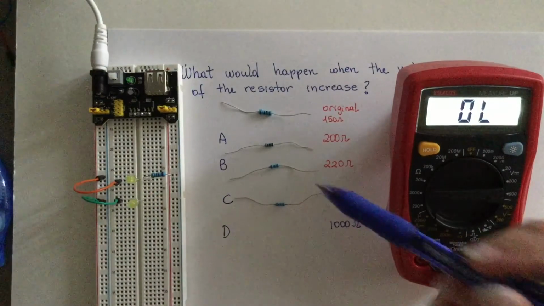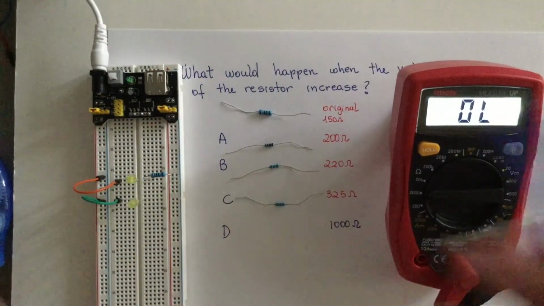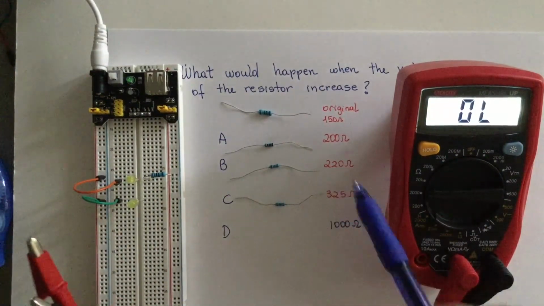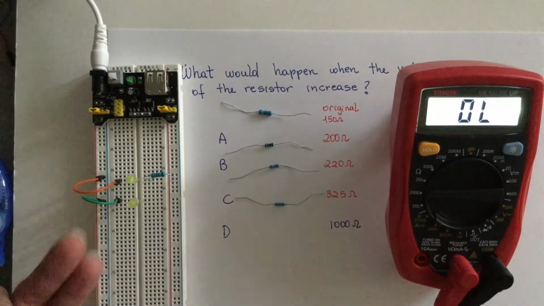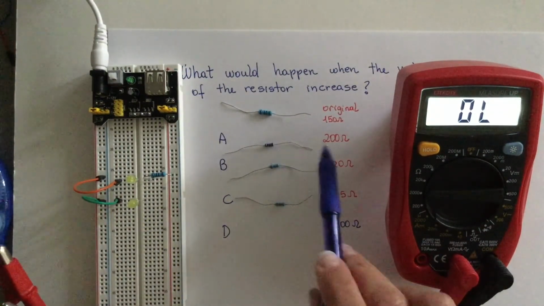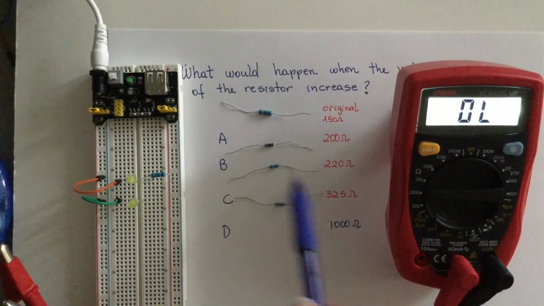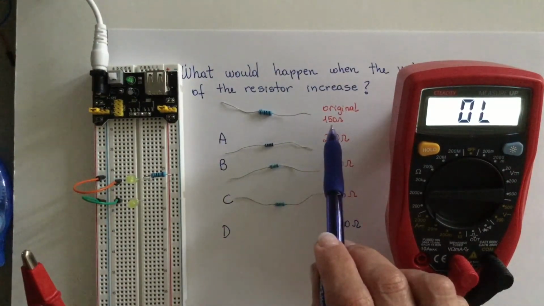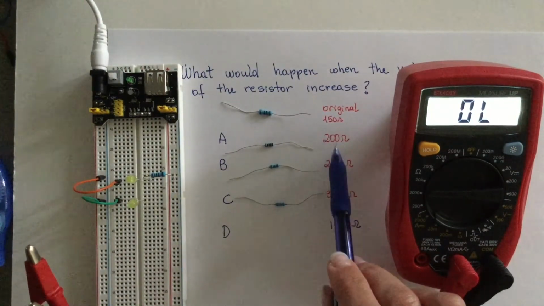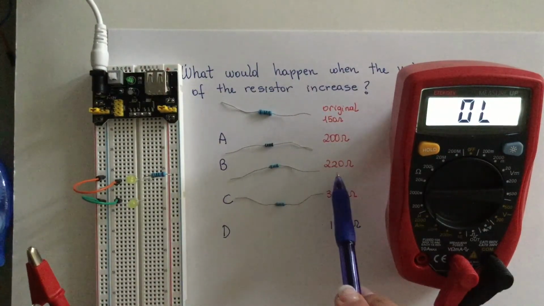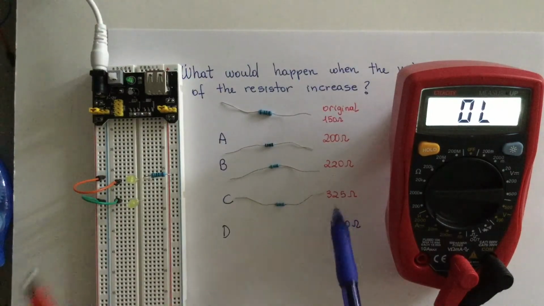Because I don't see any change in voltage and the brightness of this LED with the increase of the resistance. I start with 150, that's what I have originally, and then I increase to 200, then 220, and then 325.